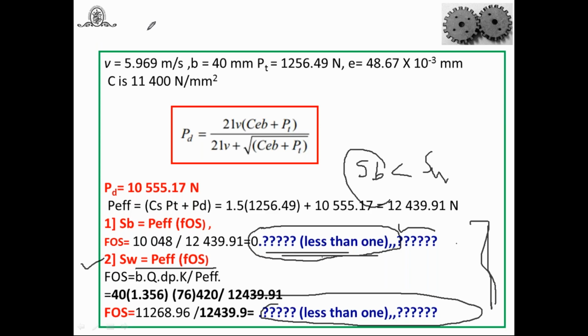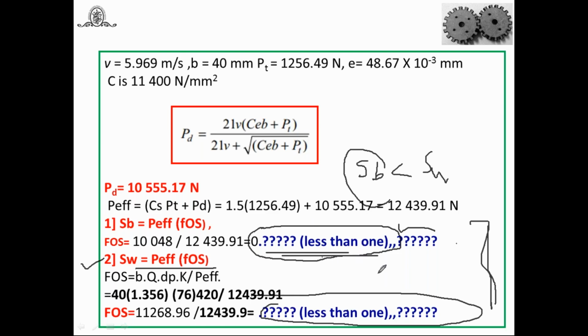If FOS is less than 1, that means if we take into account the dynamic load by Buckingham's equation, by using this precise calculation method, gears are going to fail against bending failure and against wear or pitting failure also. This design is not safe. It is going to fail because FOS is less than 1.